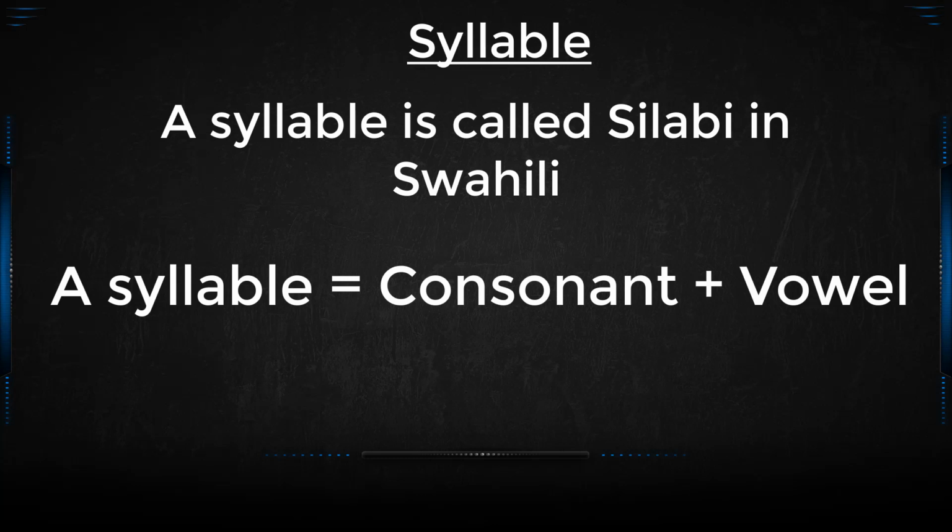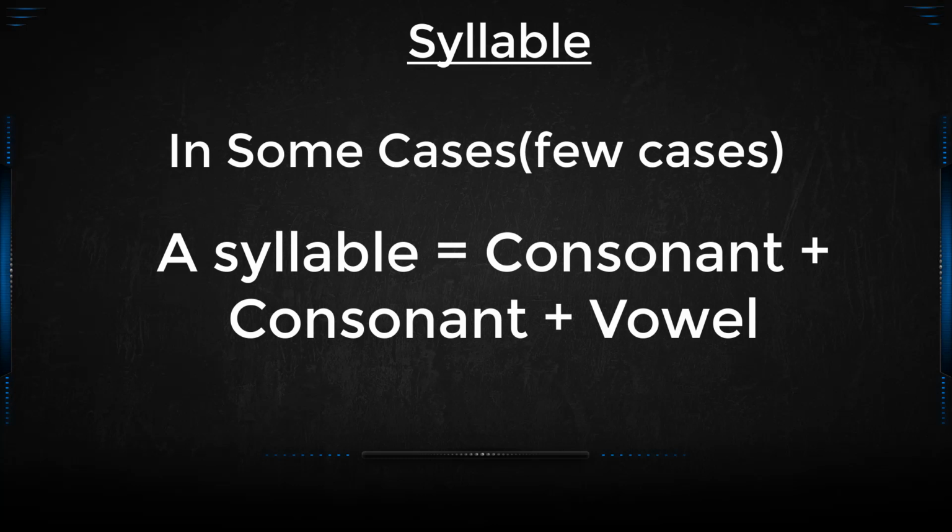But in some cases, you can have two consonants and then a vowel, because there are some consonants in Swahili which can't be pronounced on their own, so they have to be accompanied by maybe two vowels or two consonants to form a word.